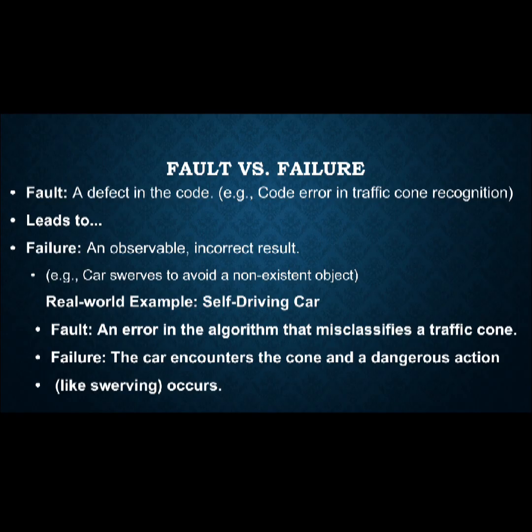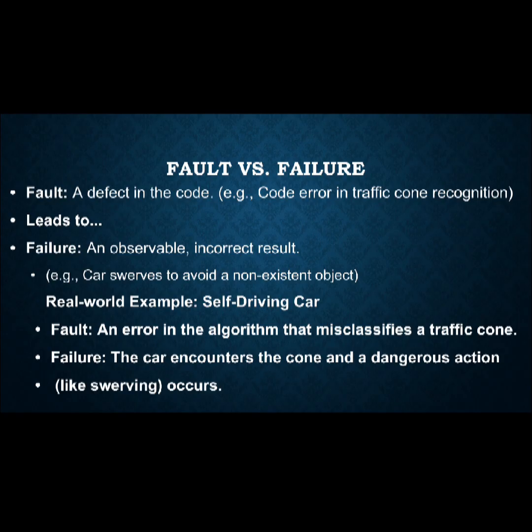An example might be a simple typo in a variable name, an incorrect mathematical formula, or a logical error in an if-else statement. This fault is just sitting there dormant in the code. A failure is the effect. It is the observable undesirable result that happens when a fault is triggered or executed.